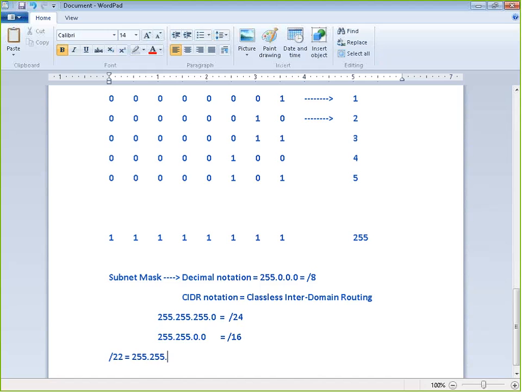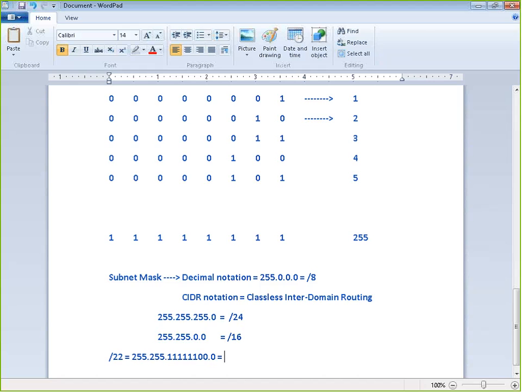It means that only 6 bits in the third octet are 1. According to this, in the third octet, only 6 bits are 1. So what we're talking about is 11111100. That is how the third octet is going to be, and the fourth octet is going to be 0. Now we need to just convert the third octet from binary to decimal.